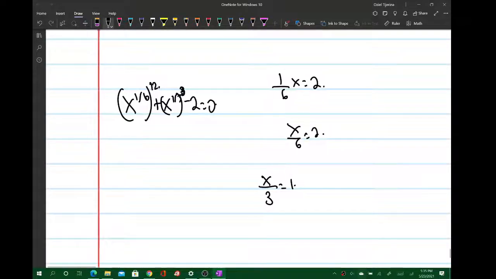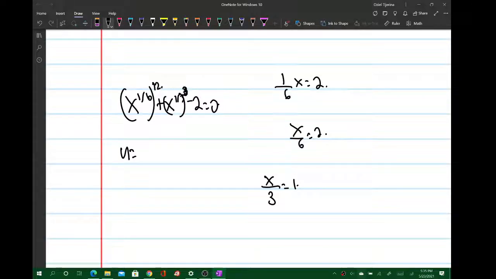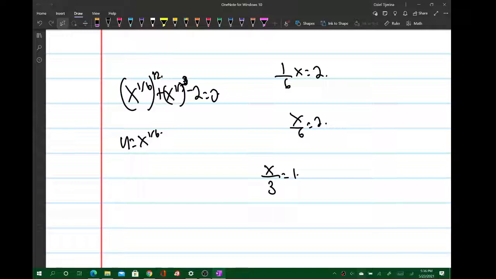Now we can substitute for u, right? We can make u equal to x to the 1/6, and also we can make it equal to x to the 1/3.